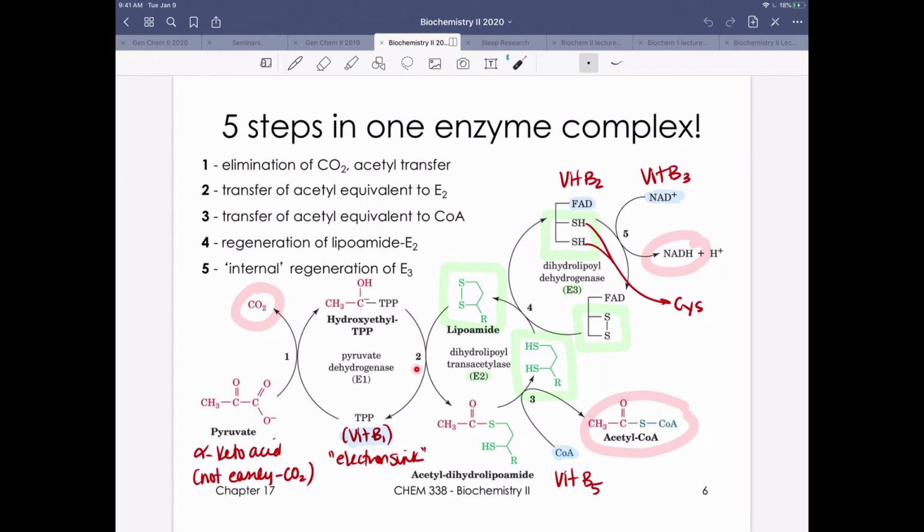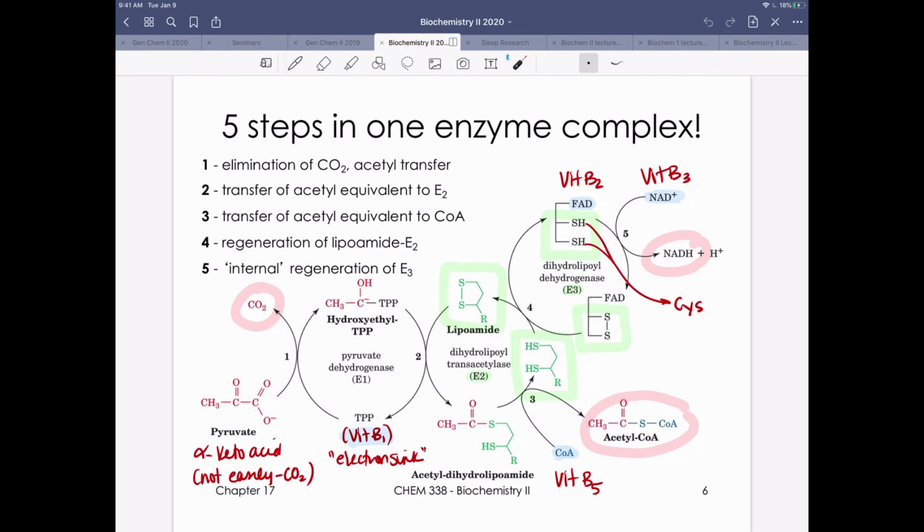So if we look at what happens in step 2, now we've got E1 holding on to these 2 carbons. What's going to happen is the long arm of E2, this lipoamide arm, is going to come over and grab these 2 carbon units from E1, and it's going to generate this acetylated arm, if you will. So we've just transferred this acetyl group.